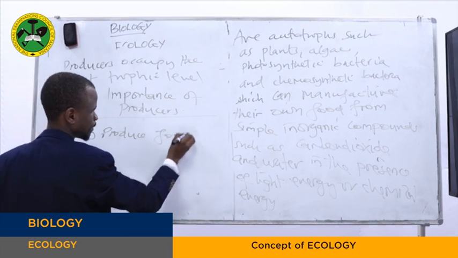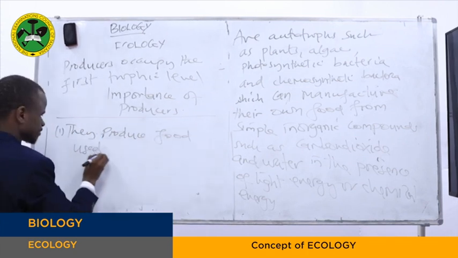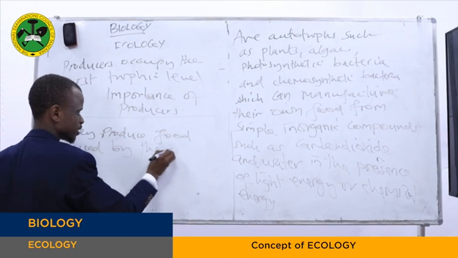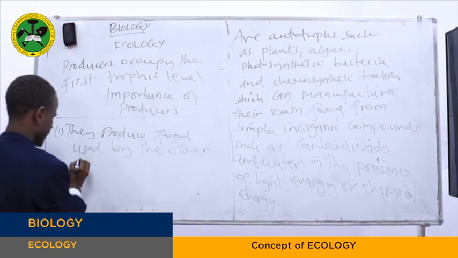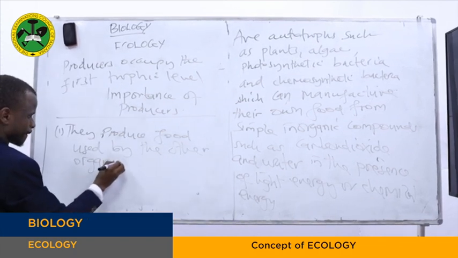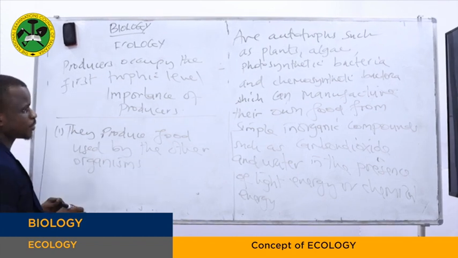Food is used by other organisms, such as animals. Human beings depend on producers.